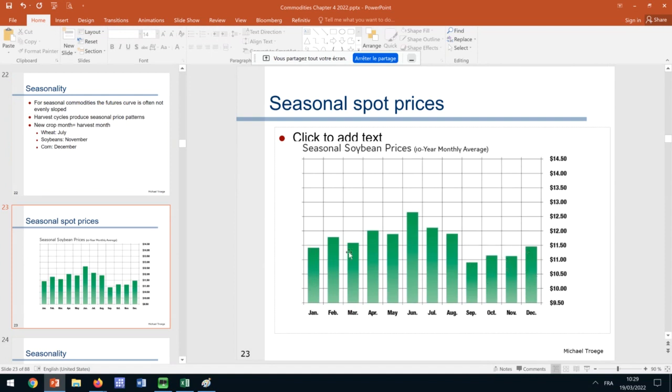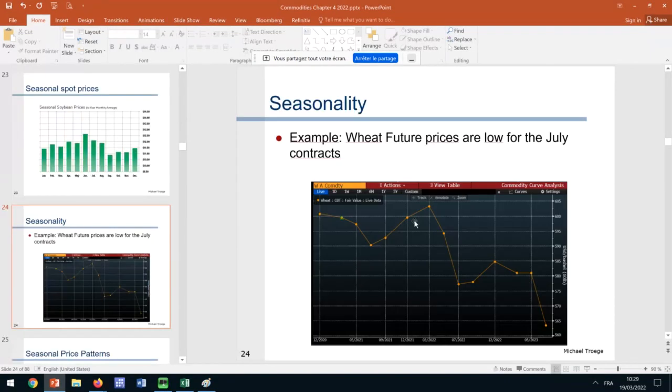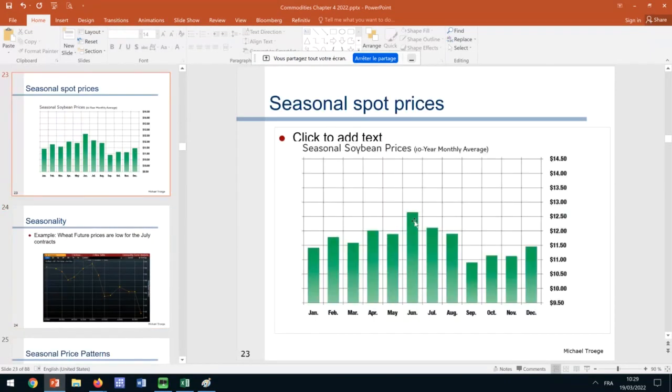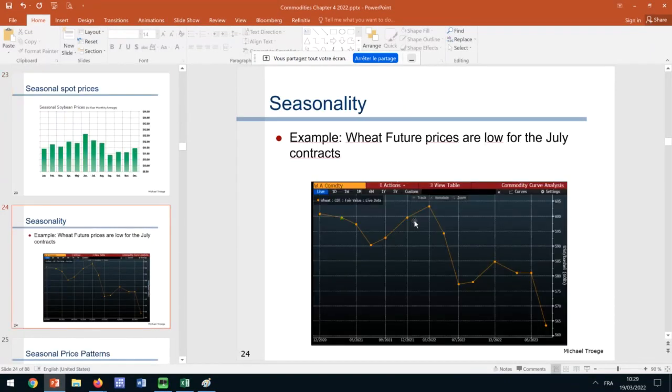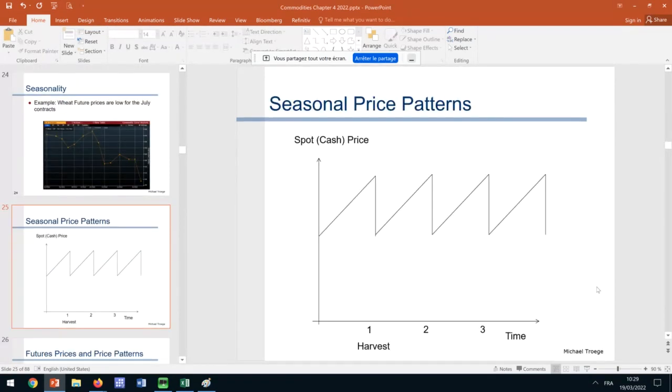lowest. And then before the new harvest arrives, the stock is running low. People need to be sure to have soybeans, so they have a high convenience yield. They have to feed their cows, so that means that prices go up. And that's the same pattern for wheat, and we have just seen it for sugar.